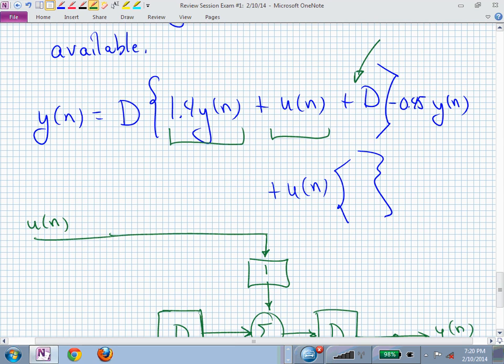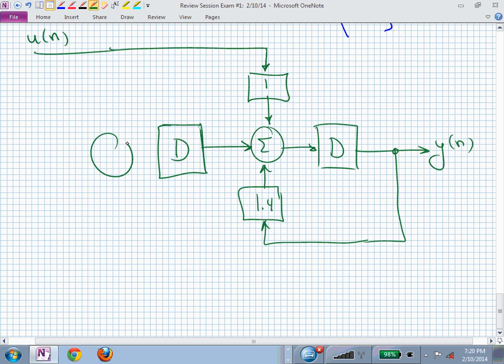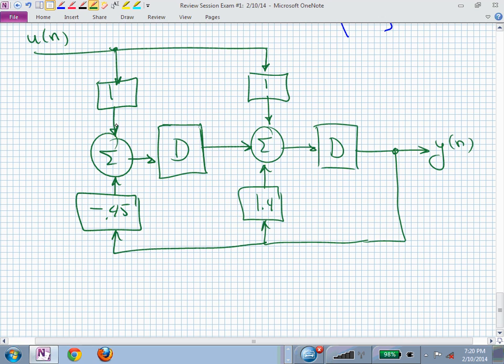It's made up of Y and U with some linear scaling on Y and U, meaning the input to this is now minus 0.45 Y of n plus U of n.